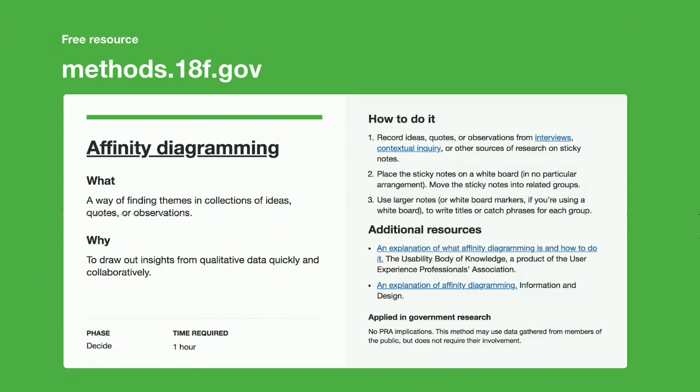And they look like this. So this is the method name, along with the why and the what and the how to do it, and then some additional resources. And they're 100% free to use, and they're focused on digital services, but you can use this for non-technical design projects as well.